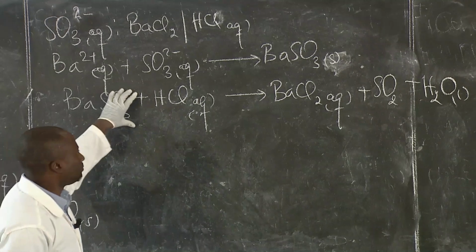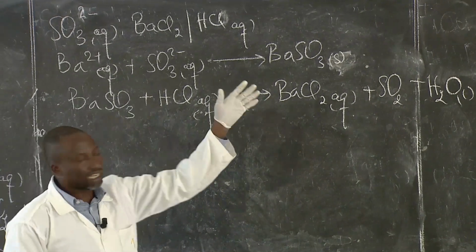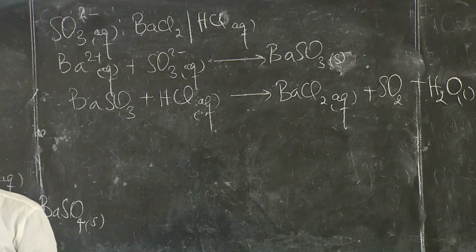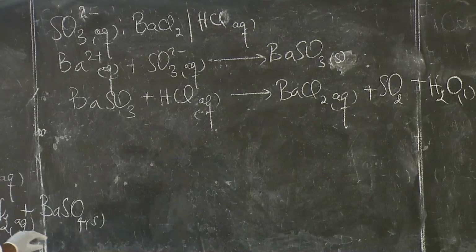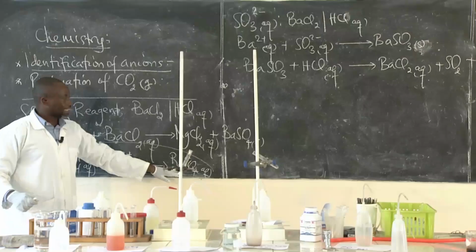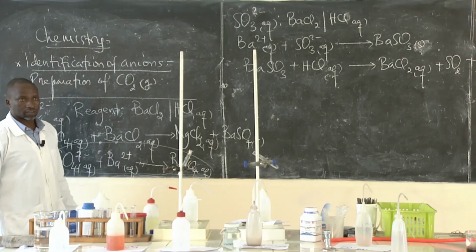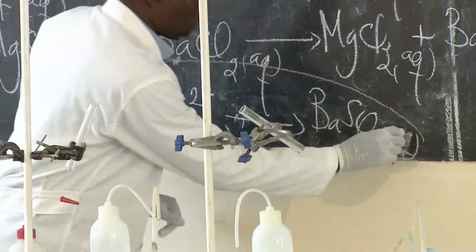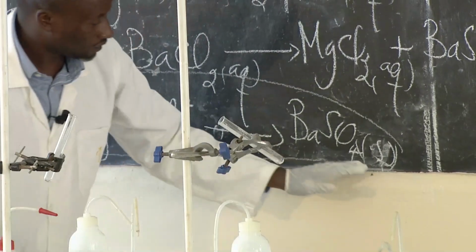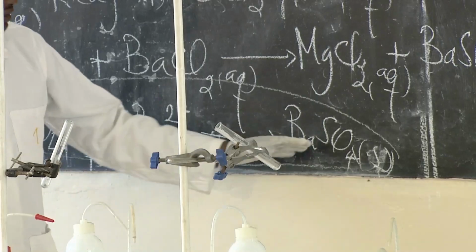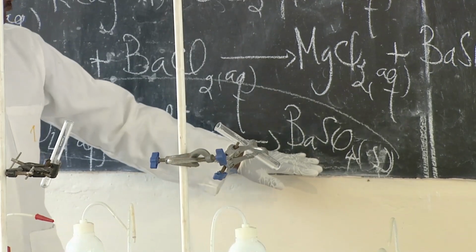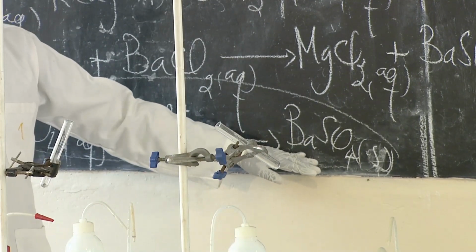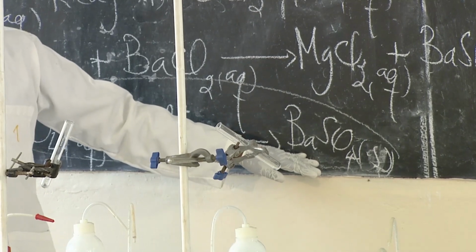So in here, it means that it turns into the colorless solution. In the first one, this was in excess acid; this remained, this was supposed to be solid. This is barium sulfate, which persists even when we added excess hydrochloric acid.